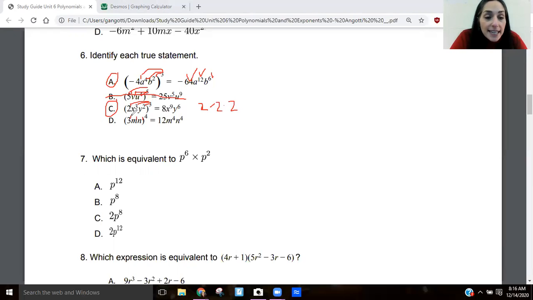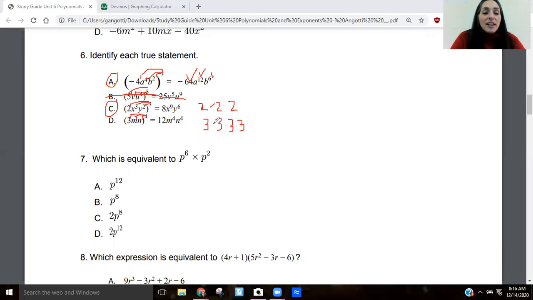All right, let's check D. 1 times 4, so that would be 3 to the 4th power, 1 times 4, n to the 4th. Now 3 to the 4th power is 3 times 3 times 3 times 3. Of course, you could put this in Desmos.